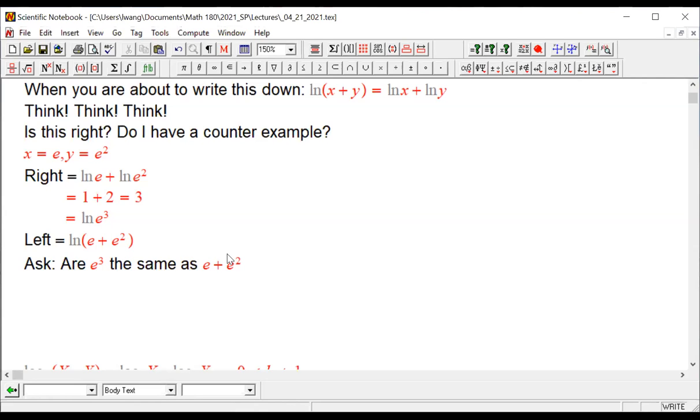In the ideal case scenario, you probably have a calculator. You can quickly check by your calculator. That's not going to be the same. In the event you don't have a calculator, you do know that e is between 2 and 3.